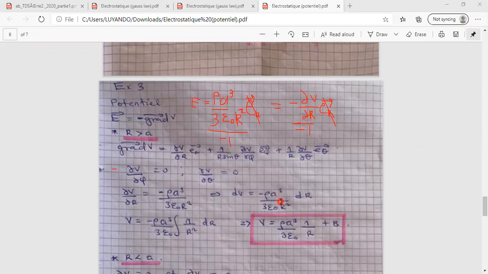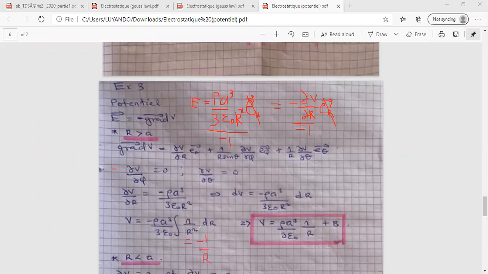Then to find our actual V, we integrate it. The constants are going to be here, and then we integrate this. The integration of 1 over r squared is the same as we had from calculating in the other exercise. So the integration is equal to -1 over r.